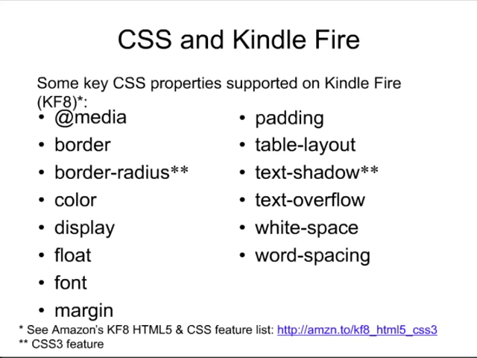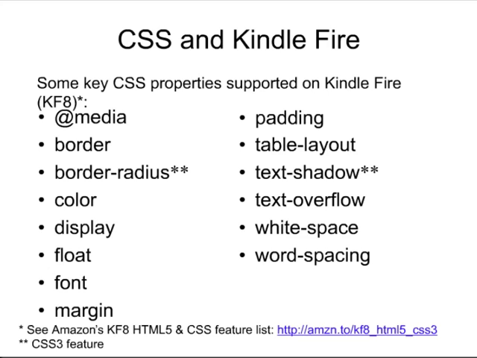So Amazon has announced that they support media queries. They support border tags. The standard border tag is not actually part of CSS3, and most of the tags I'm mentioning on the slide aren't part of CSS3. The ones that have double asterisks by them are CSS3 specific, but all of these tags are things that either weren't supported before under Mobi in any meaningful way, or support has been greatly enhanced.